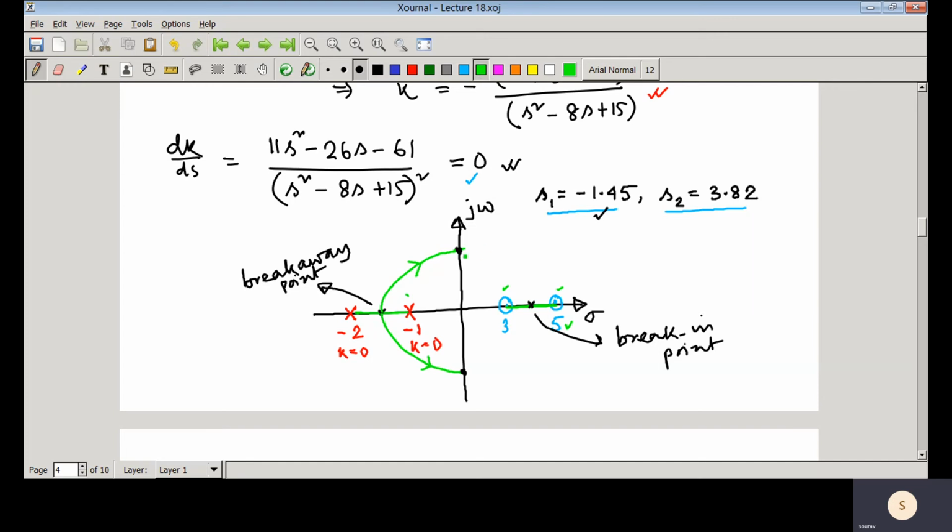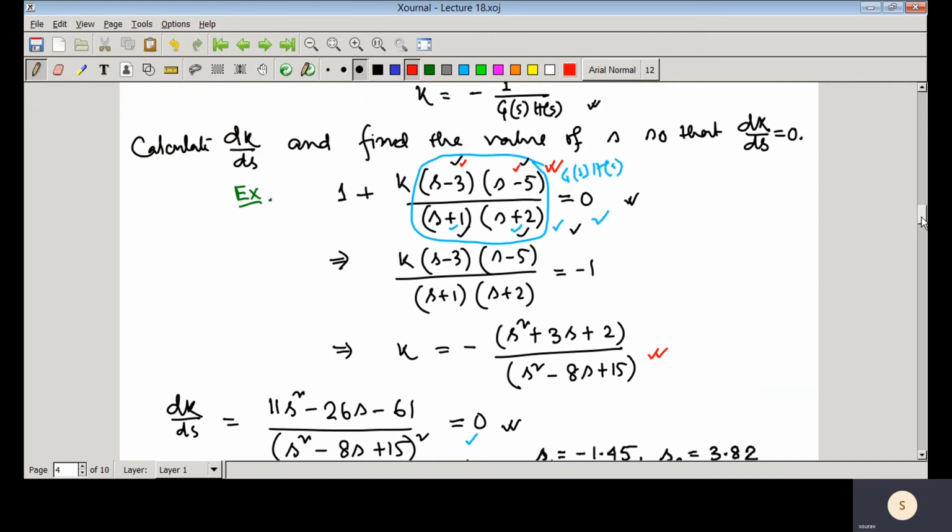If you keep on increasing K, then again at the break-in point, two roots become real, and finally when K tends to infinity, they reach the open loop zeros. So this is the root locus for this given open loop system.